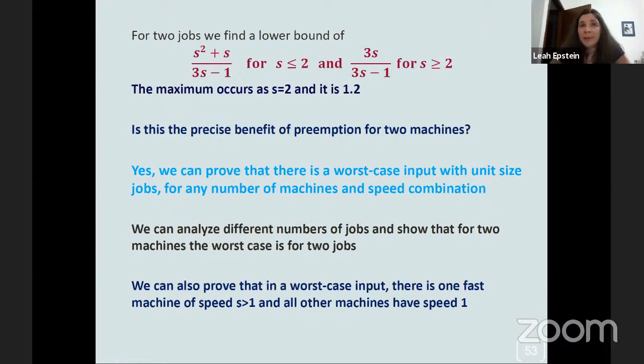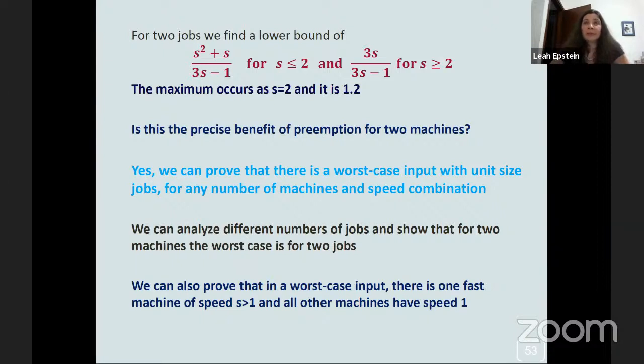Does it always happen that jobs of size 1 are the most problematic? It doesn't sound reasonable, but it happens that this is the case here. So there is, you can see it in light blue. Yes, we can prove that there is a worst case input with unit-sized jobs.